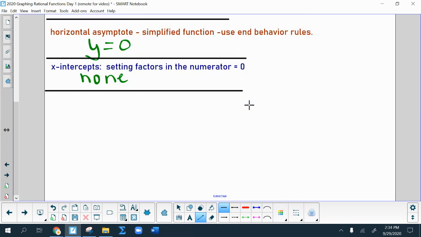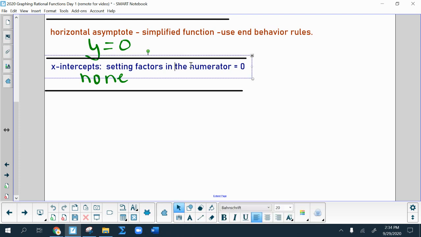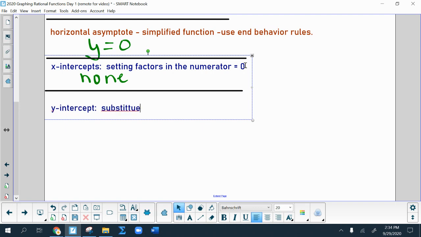Now we want to find the y-intercept, if there is one. To find the y-intercept, you substitute 0 in for x in the simplified function.